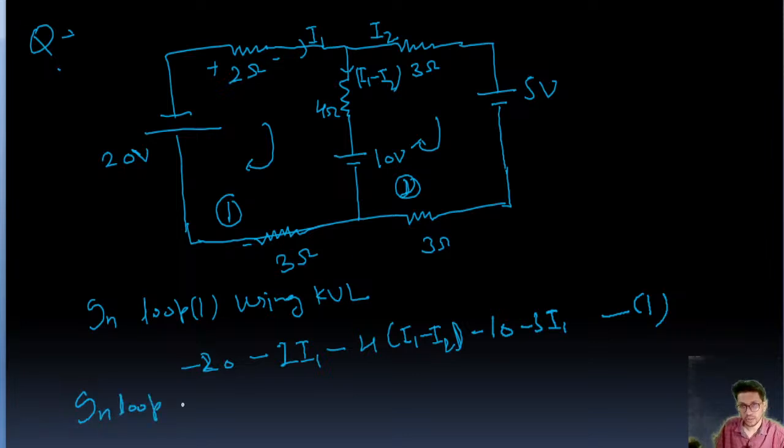Now in loop 2 we'll use KVL, that is sum of voltage is equal to 0. So in loop 2, this is I2, and this is 3 ohm, minus 3I2, minus, because plus to minus means minus 5, and this is minus 3I2 two times.